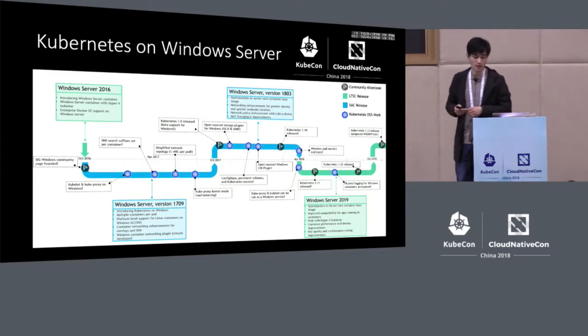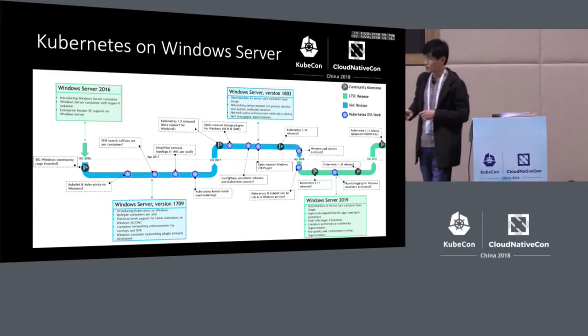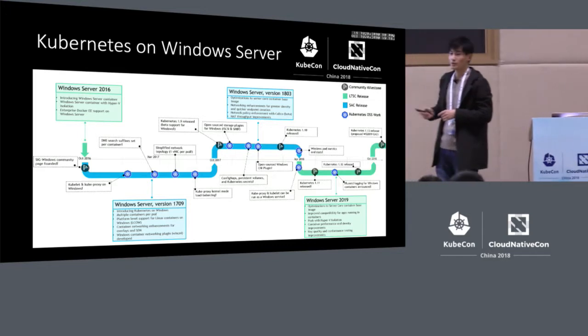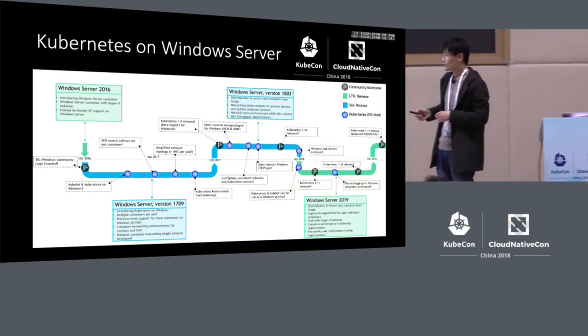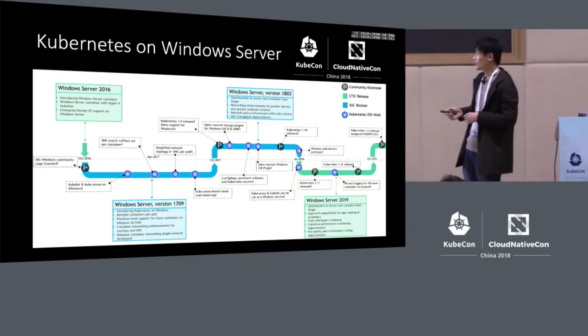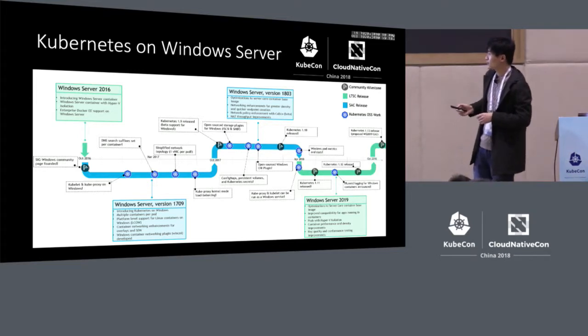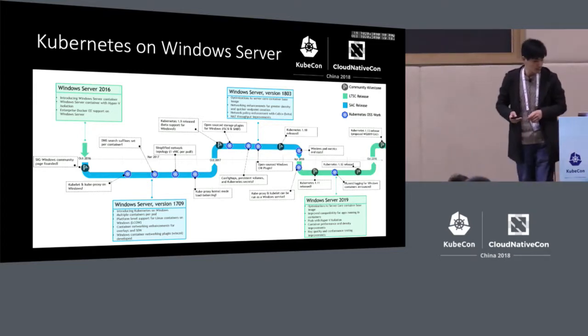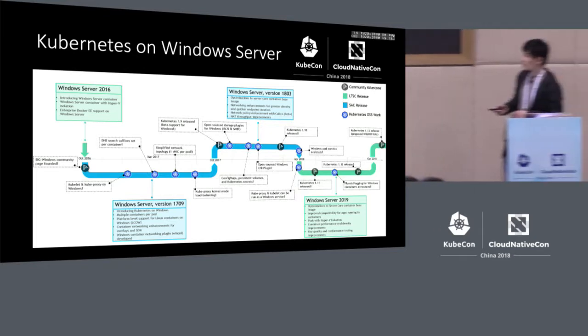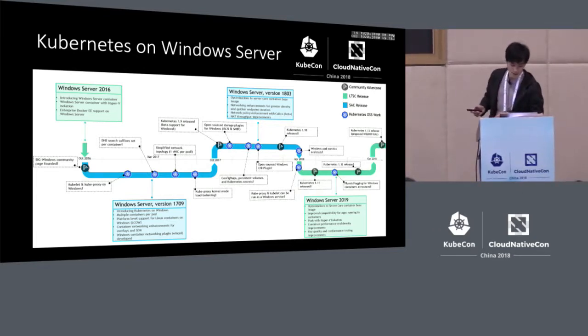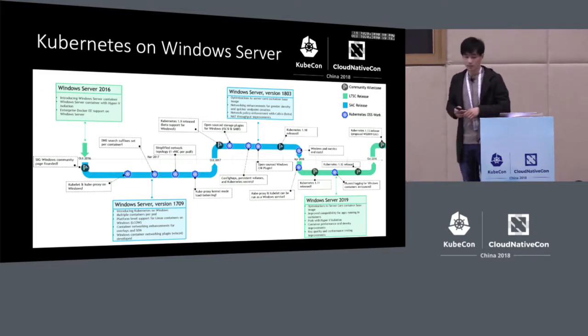For the Windows Server, this is the development of Kubernetes on Windows Server. It starts from Windows Server 2016 and supports a Windows container. You see here, it developed in 2017 in Kubernetes.